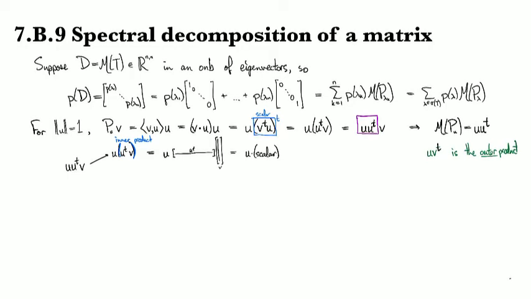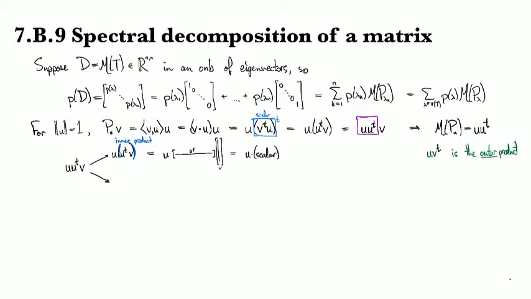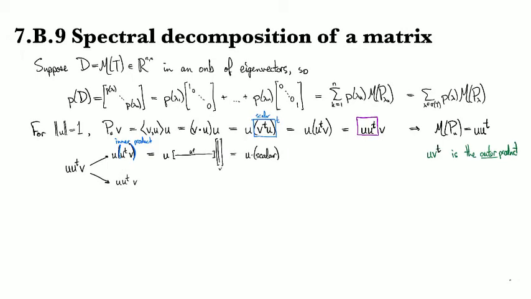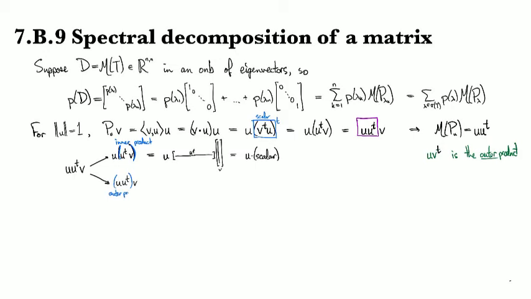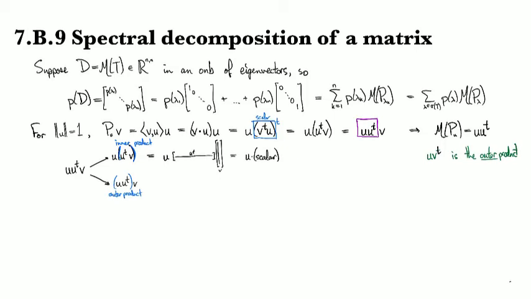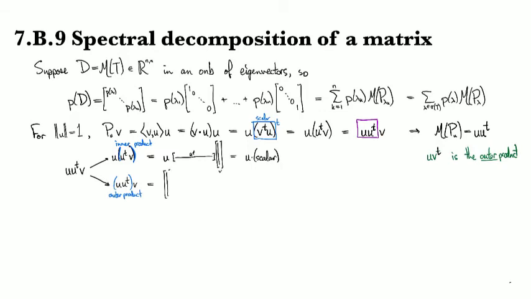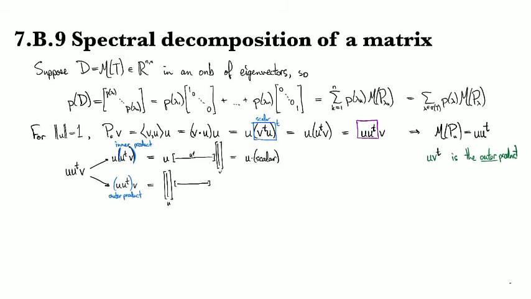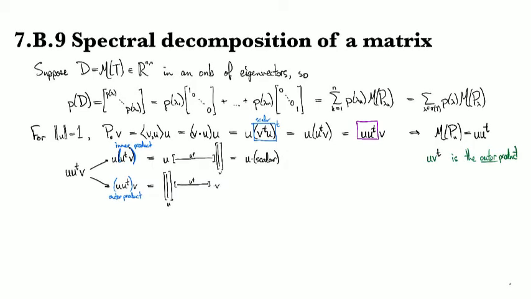And then we can also, by associativity, parenthesize it the other way. So we have (u u transpose) v, now with the parentheses around here. And in this case, this is the outer product. So what we get here is our column vector u, and then our row vector u transpose, times v.